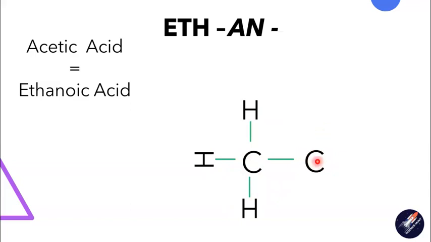Now let's get to our next part, that is the oic acid. Now, in the IUPAC nomenclature, the International Union for Pure and Applied Chemistry, that's the full form of IUPAC, gave a table for functional groups for organic chemistry.